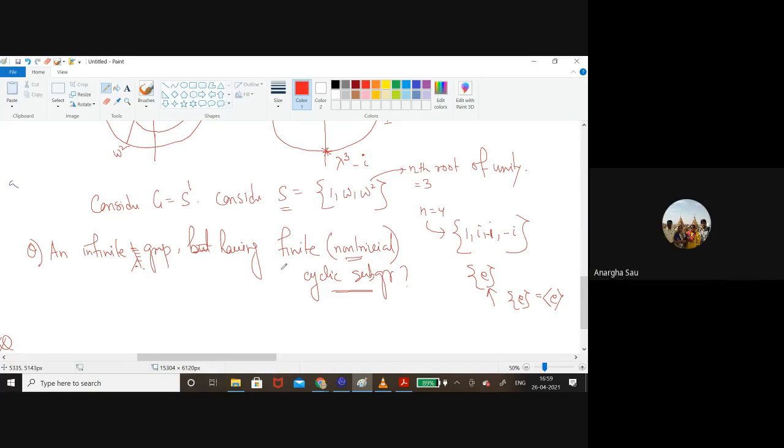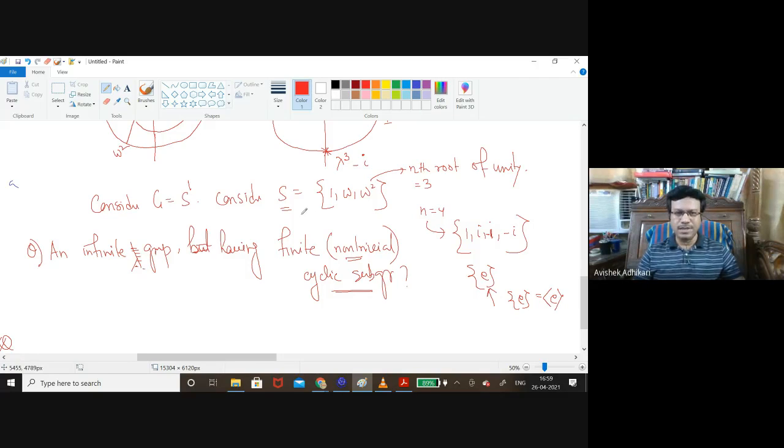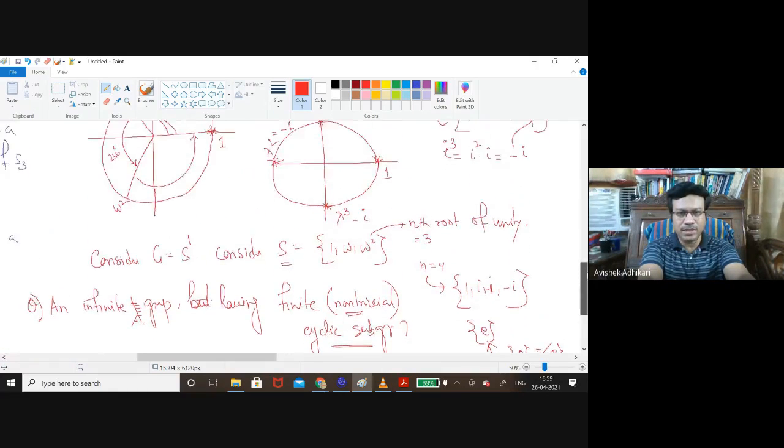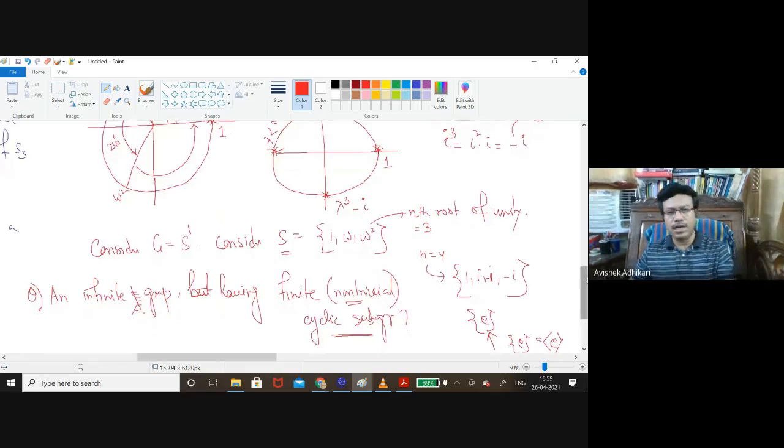Sir, the group of cube roots of unity. Very good. The same example. See, this is a very powerful example through which you can construct many of the questions usually asked in competitive exams.